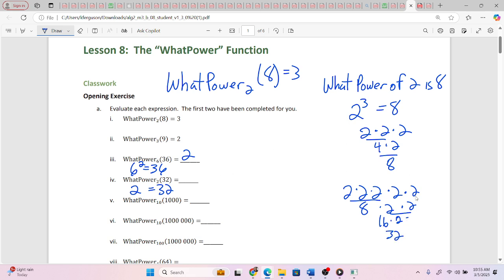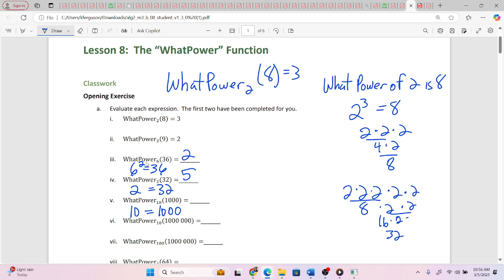So it's 5. 1, 2, 3, 4, 5. 2 to the 5th power. That's 32, right? 2 times 2 times 2 times 2 times 2 gives us 32. So what about what power of 10 equals 1,000?